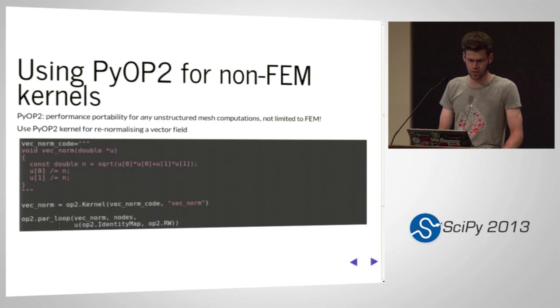So this is an example of how you might write a kernel by hand, which does the normalization of a vector field. The kernel signature is very simple in this case. And below here you see the parallel loop call.